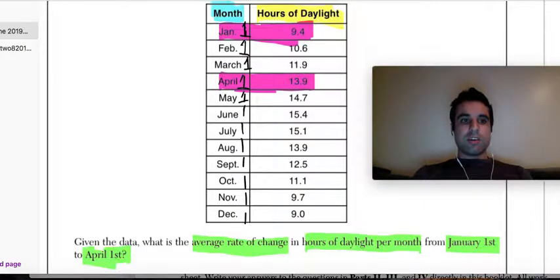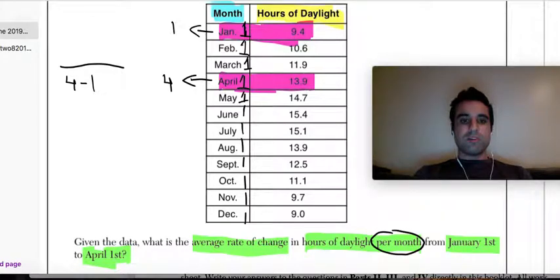The rate of change formula is the change in output divided by the change in input, right? So 1 for the first month of the year, January. This is 2, 3, April is the fourth month of the year. So it's going to be the change in months, because it's per month. So per month, it'll be 4 minus 1 on the bottom, because April minus January, 4 minus 1.